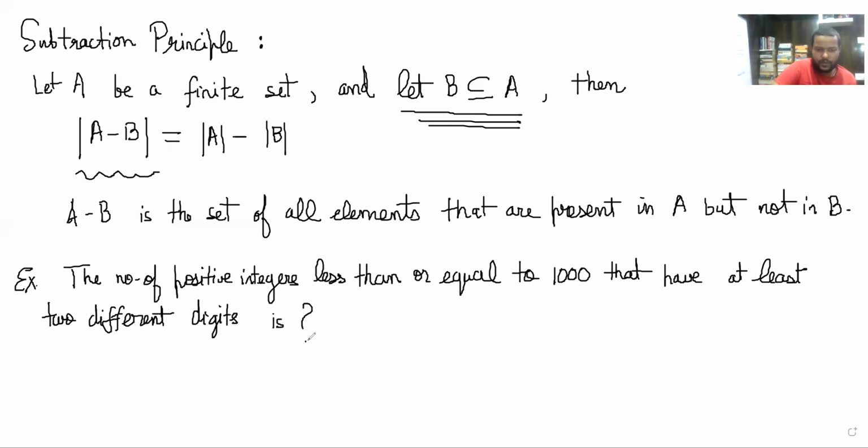So they have to have at least two different digits, right? The number of positive integers less than or equal to 1000 that have at least two different digits.